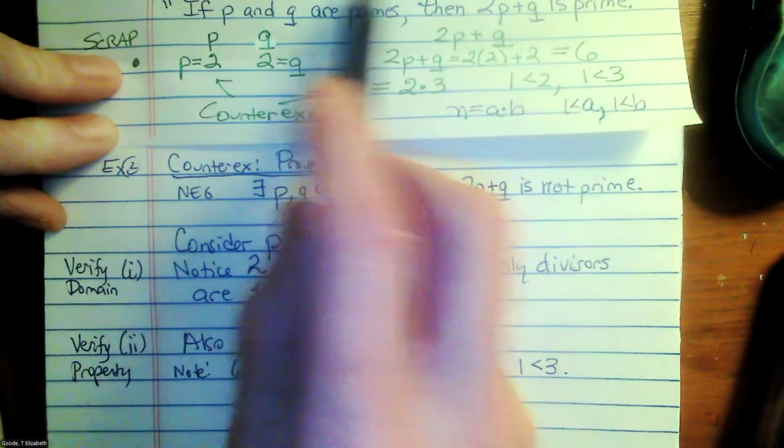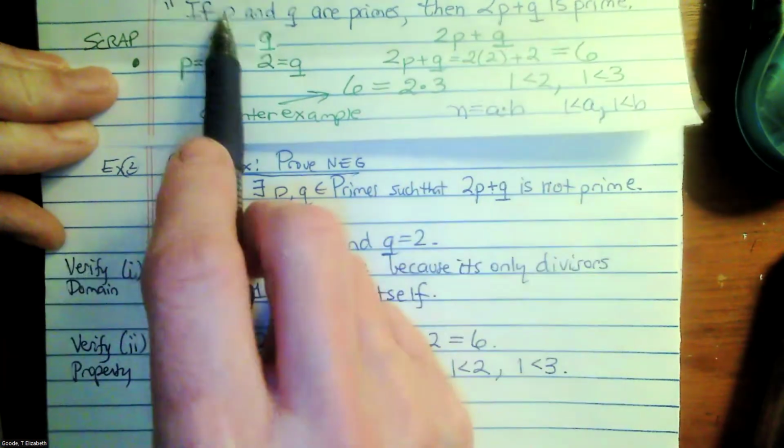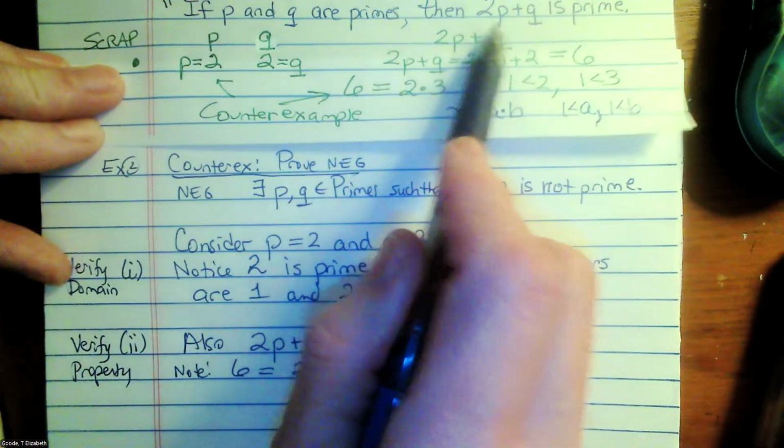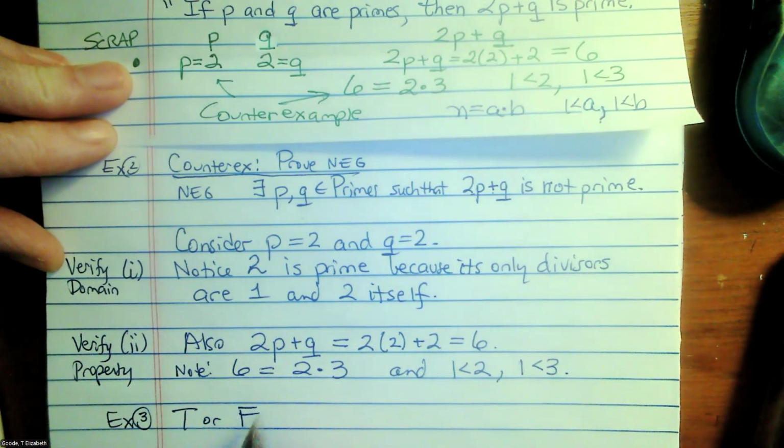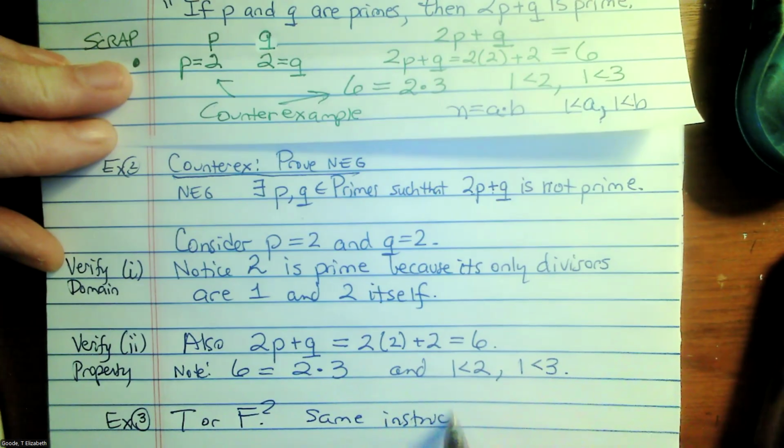Okay, great. But you know what? Just to check out that statement: if P and Q are primes, then 2P plus Q is prime. Well, what about this statement? True or false? Same instructions as example 2.